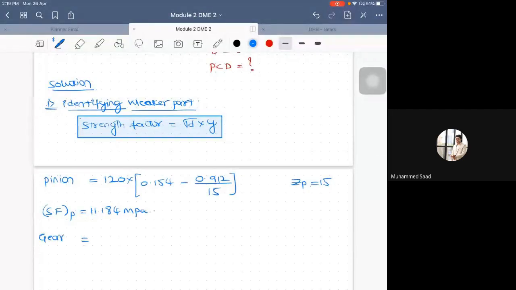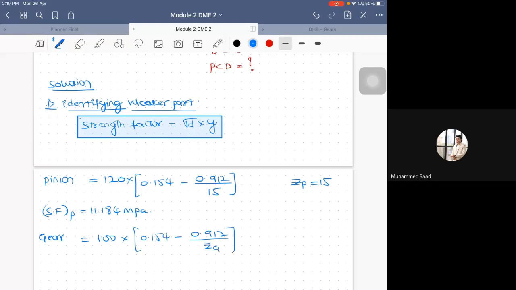Now you go for the gear. The design stress for the gear is how much? 100. So 100 into 0.154 minus 0.912 divided by Zg.